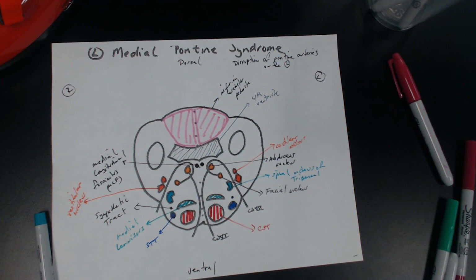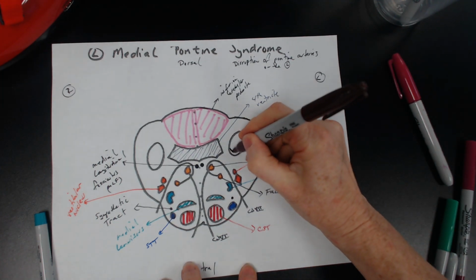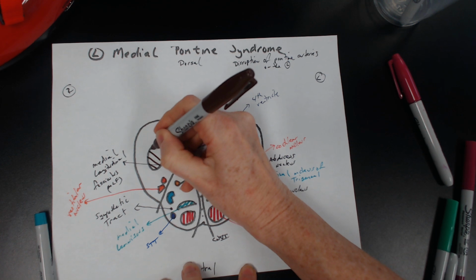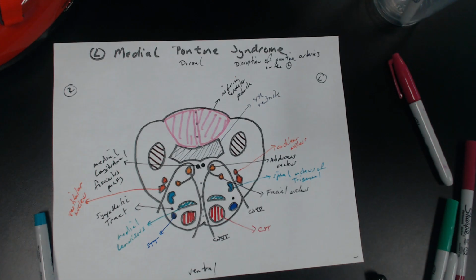Inferior cerebellar peduncle is there. You also have, here, let's see, I guess I'll make it brown. This is your superior cerebellar peduncle. Major efferent peduncle used by the cerebellum?